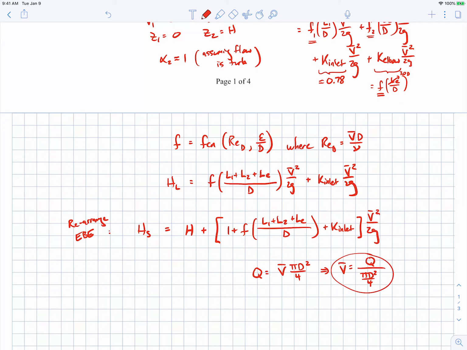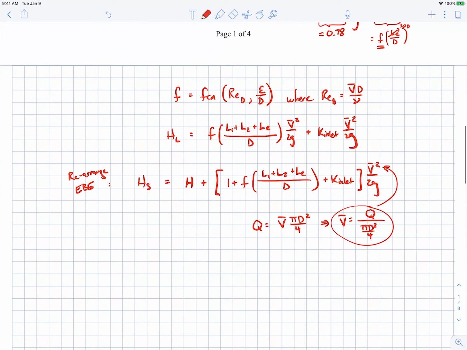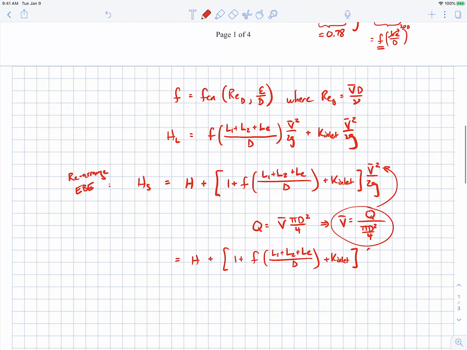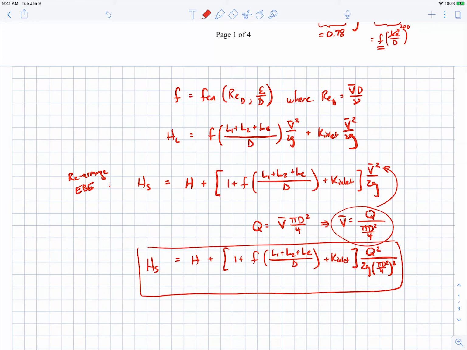So we can substitute it in there to put it in terms of volumetric flow rate. Let me just rewrite this one last time. Okay, so now we have our system curve. This is the system curve.